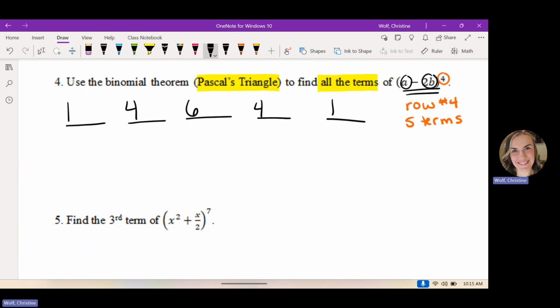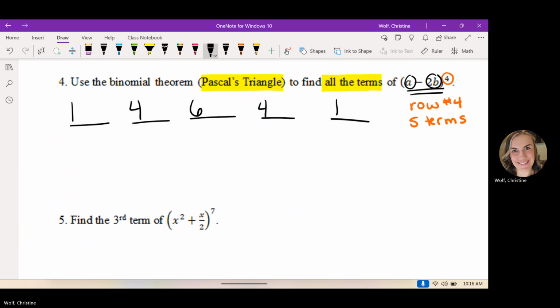We have to work those into our terms too. So this is where, remember how I said your A decreases by exponent term by term, and your B increases by exponent term by term? Remember me saying that on the previous page? So now we're going to build that in.